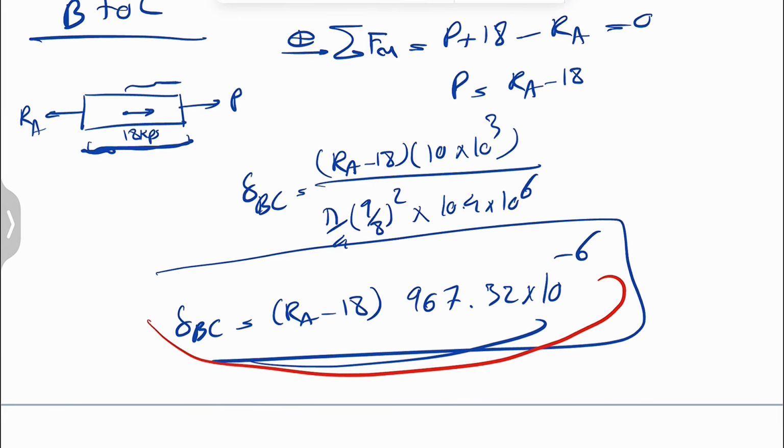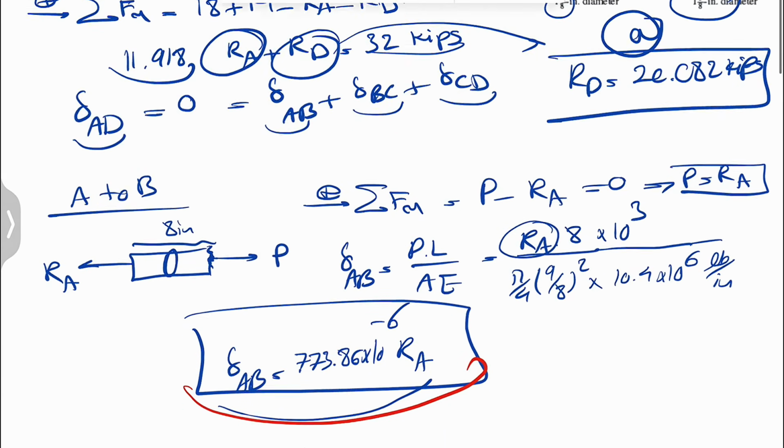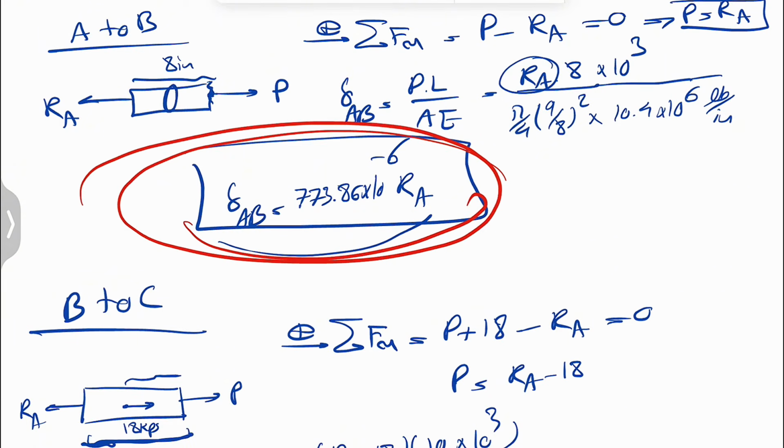One thing that we can see in our BC is that with 11.918, we're going to get a negative value, and this negative value shows that the BC part is actually shortened. And for the AB, we can see that it's elongated, so we don't get any negative values. So AB is actually getting longer.